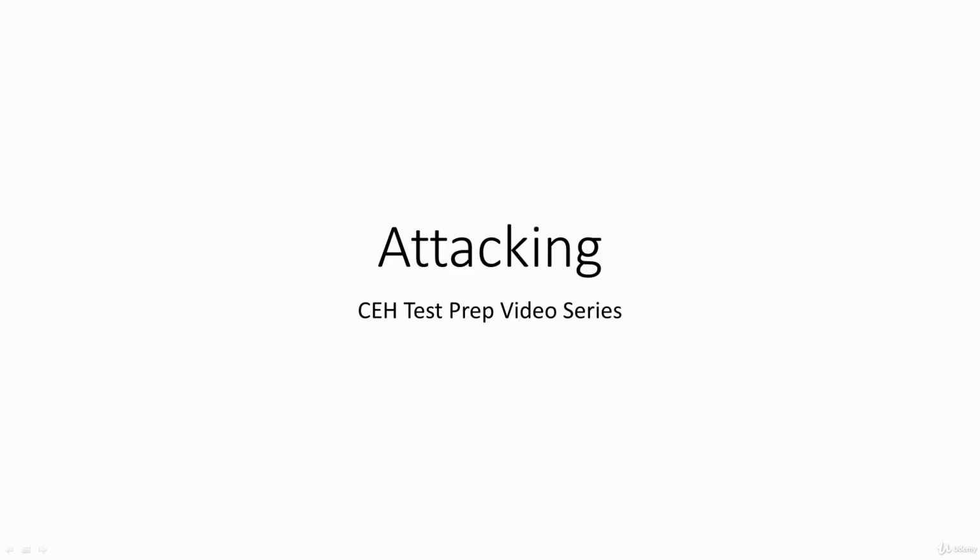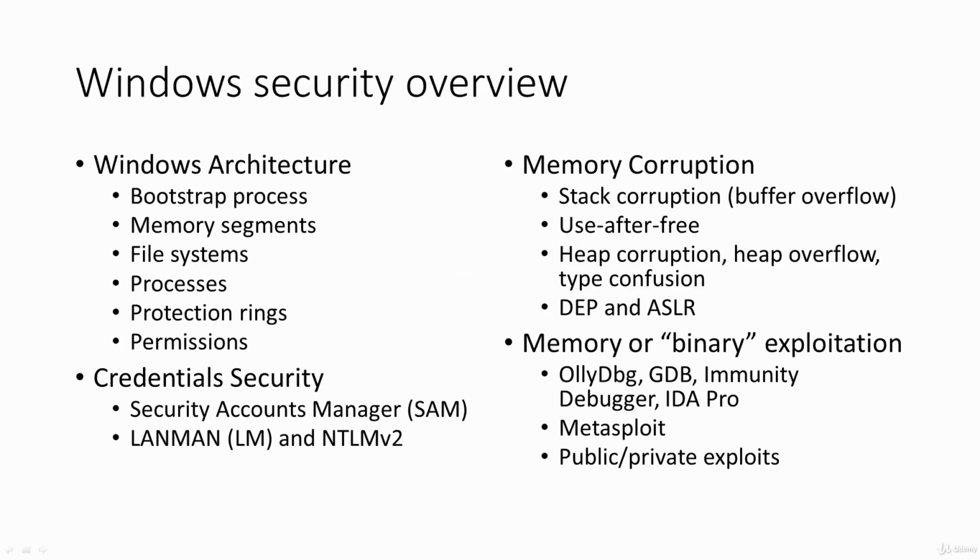So we will start with Windows and the different classes of attacks that can be executed against this operating system, since it's still the most prevalent in the business world. Then we will review what's going on in the Linux world, how it's different from Windows, and what the similarities are.